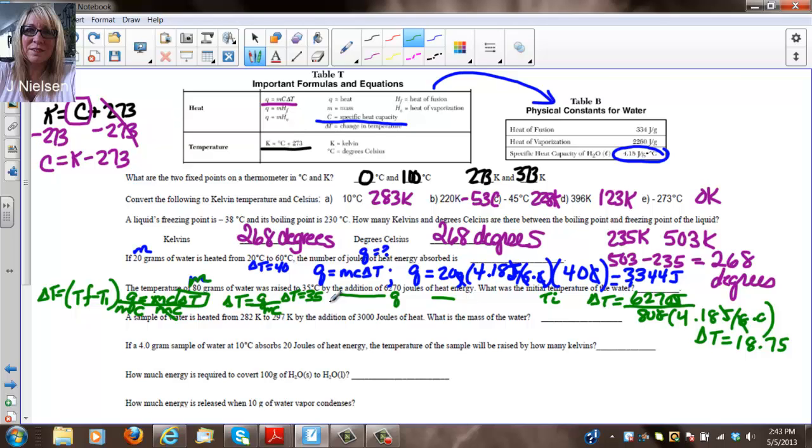So if I want to know what it started at, I have to take 35 minus 18.75, and I know that it was originally at 16.25. So my TI is equal to 16.25 Celsius. Remember, I had to add heat to get to 35. The change was 35, so I had to start somewhere lower than that.